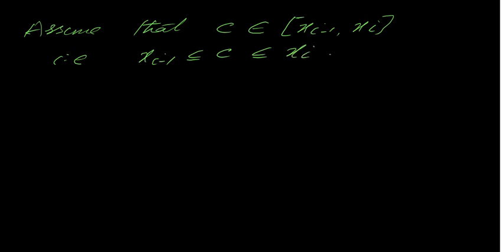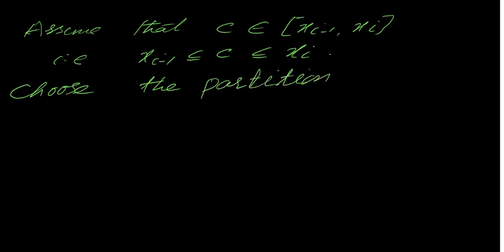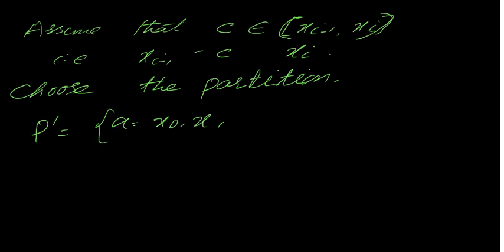Now we choose another partition which is obtained from the partition P. Choose the partition P', which is equal to {a = x0, x1, ..., x_{i-1}, c, x_i, ..., xn = b}. In fact, you assume that c belongs to the open interval (x_{i-1}, x_i), strictly less, so this assumption can be taken.